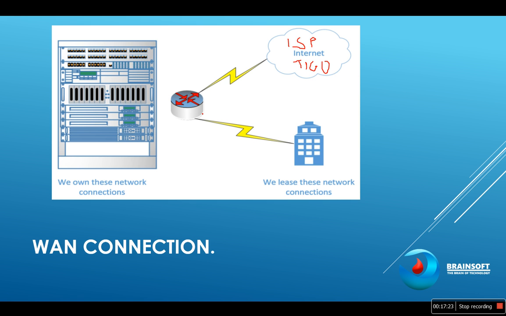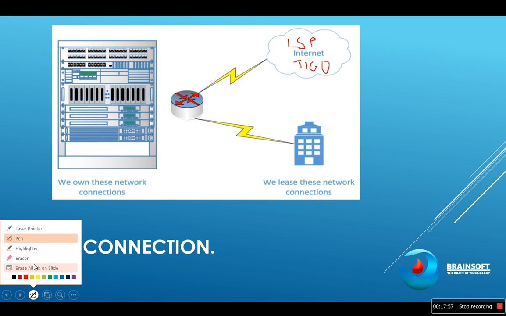So you can see, here there's a different company, and there's also a different company, and there is a router here. The ISP is giving us the connection. So the first company and the second company are connected through this ISP, that is the internet, and that's when we call it WAN. So this is called WAN.